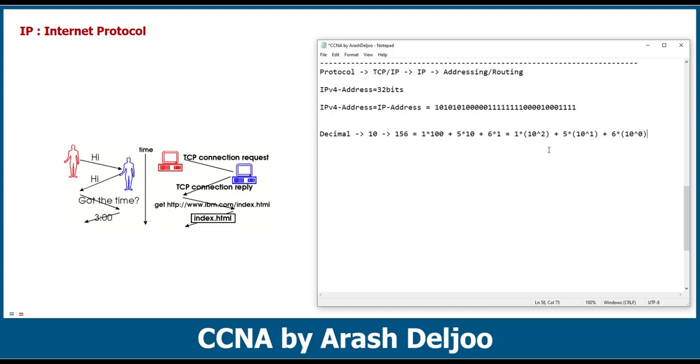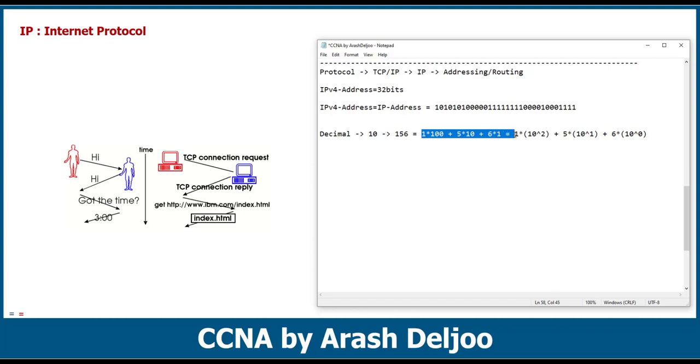As you can see here, we have the value 156. We are using it in the real world. For example, you can say $156. And this means that you talk about 1 multiplied by 100, 5 multiplied by 10, 6 multiplied by 1.